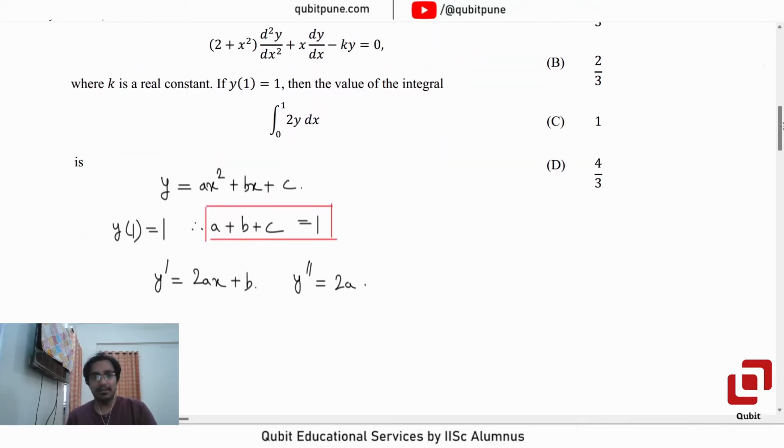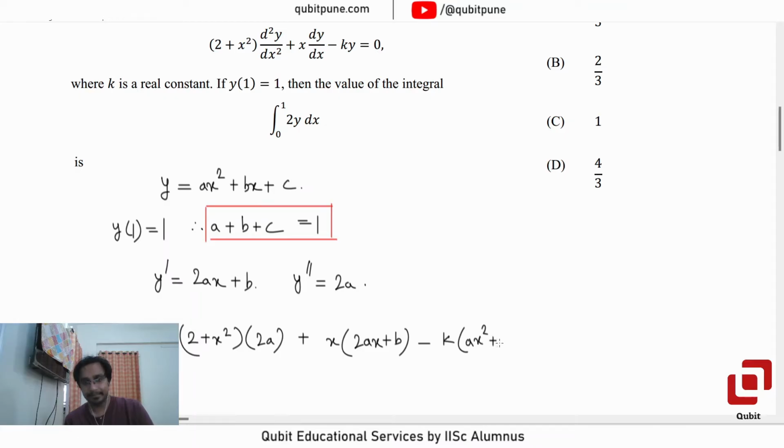Okay, so let us put that in the differential equation. Therefore, (2 plus x squared) d2y by dx squared plus x dy by dx, that is 2ax plus b, minus ky equal to 0.